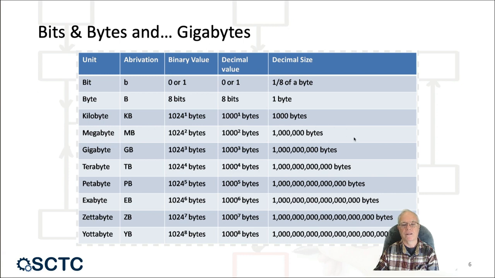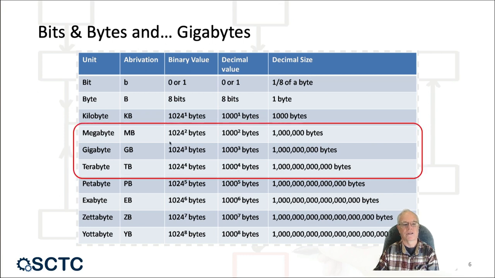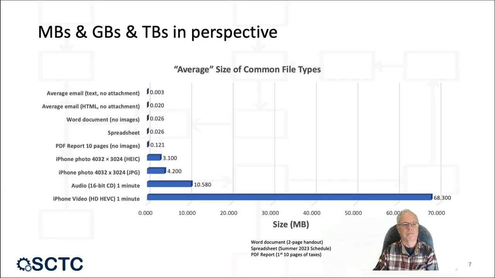Each entry in this table is 1,000 times the previous entry. So a gigabyte is 1,000 megabytes, a terabyte is 1,000 gigabytes, which is a lot, but there are data centers that think in terms of petabytes and even exabytes, which is, I don't know, billions and trillions. As consumers, we're mostly concerned with megabytes, gigabytes, and terabytes.